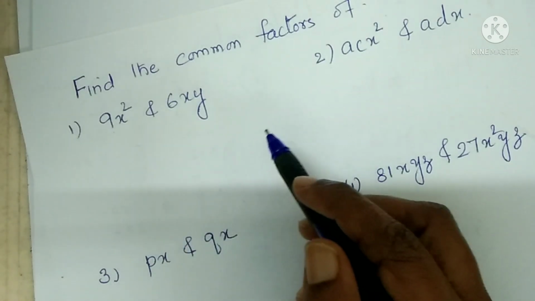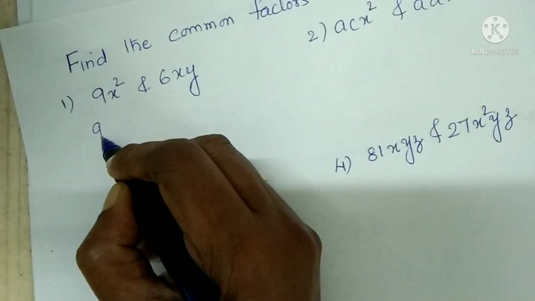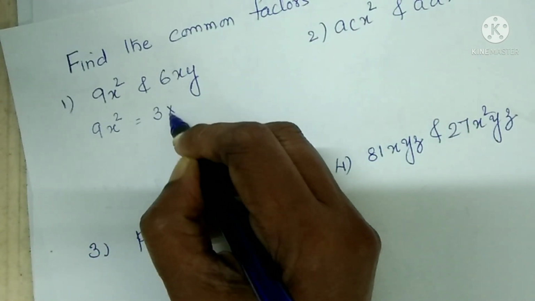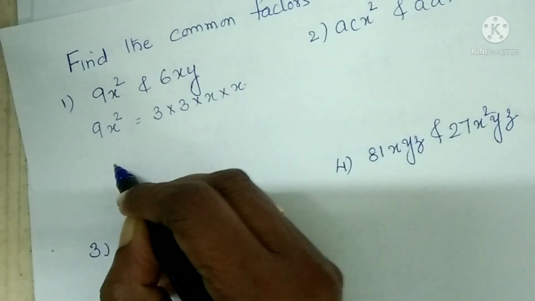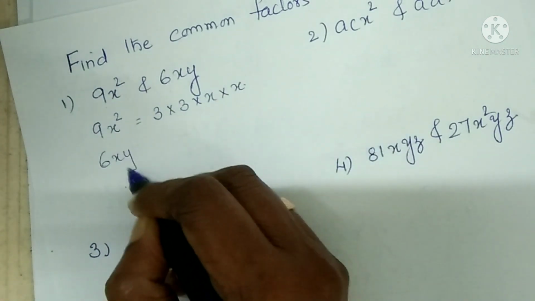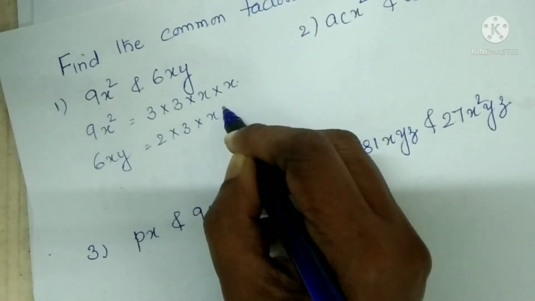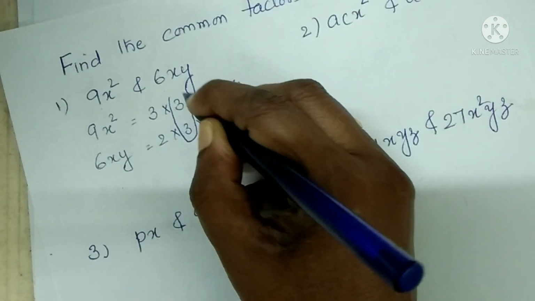Just like we find out the HCF, we will first factorize both of them. You can do it this way also. 9x square can be written as 3 into 3 into x into x, and 6xy can be written as 2 into 3 into x into y.